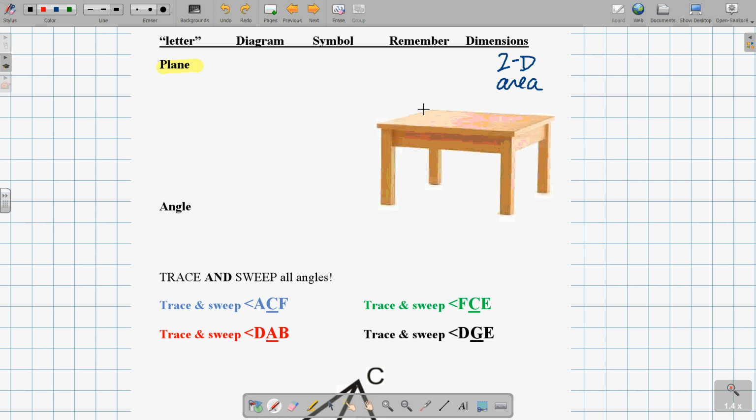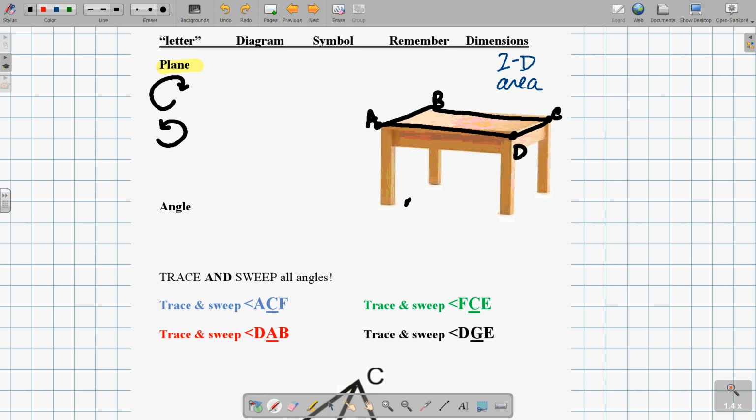So let's say we take the corners of these tabletops. And you must write a plane going either clockwise or counterclockwise around. So I could go A, trace with me, B, I'm going clockwise, C, D, back around.